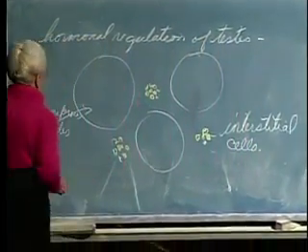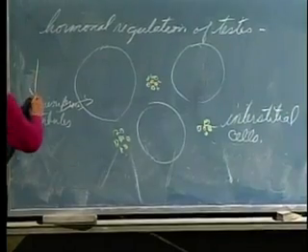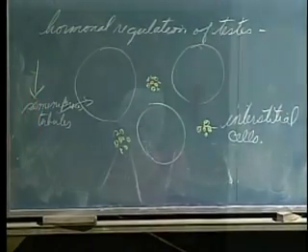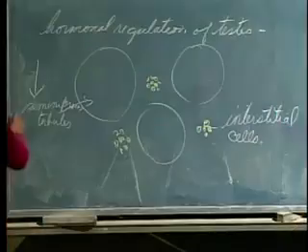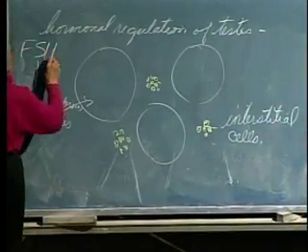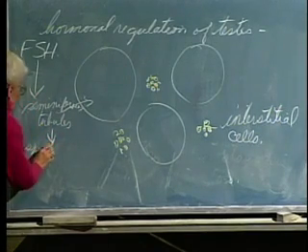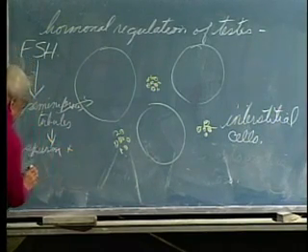So, what hormone will be acting on the seminiferous tubules from the anterior pituitary? FSH. And the tubules then will produce sperm and Sertoli cells.